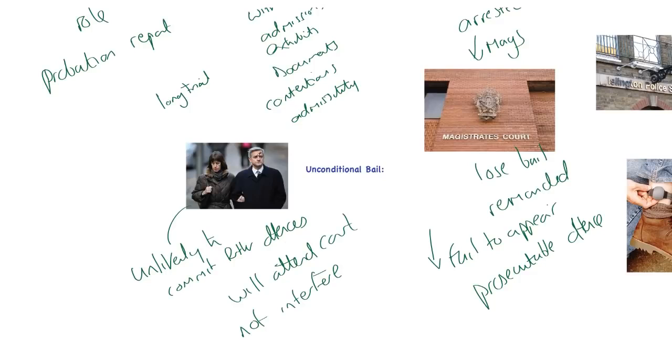I've got an image there of Chris Huhne, if you remember. Chris Huhne was given unconditional bail. He was a public figure, a member of Parliament. It was unlikely that he was going to commit further offences, and that he wasn't going to attend court. He was too public not to.